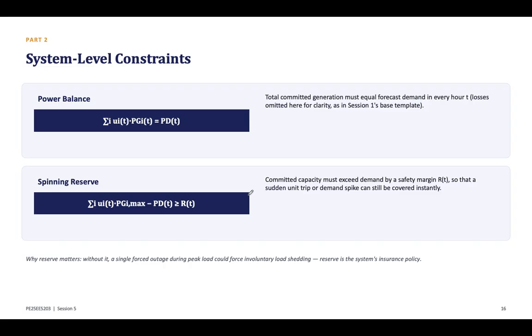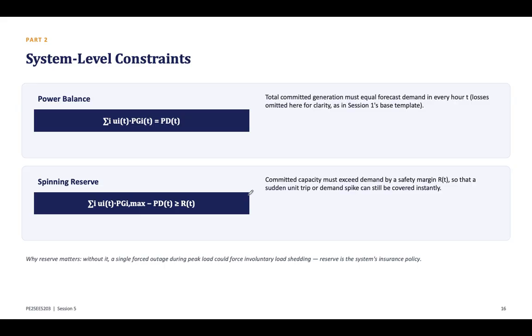Power balance constraints require the total output of committed units to equal the forecast demand. For each hour in the simplified lossless formulation, the binary commitment variable ensures that an off unit contributes no generation to the balance, right? And if you look at the spinning reserves, it is different from generated power.